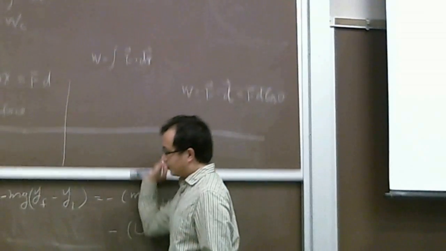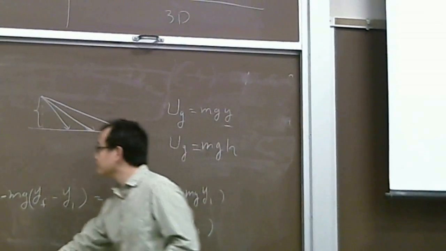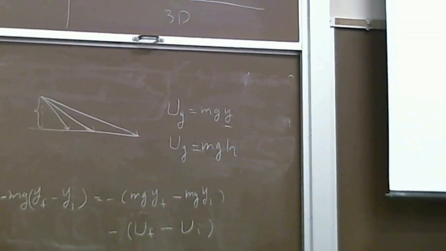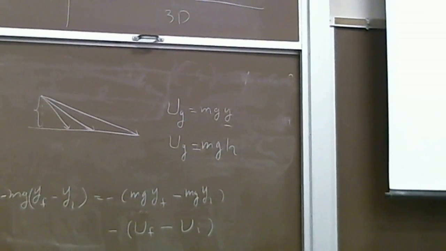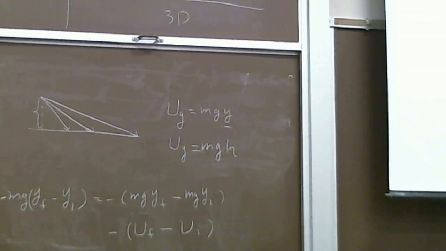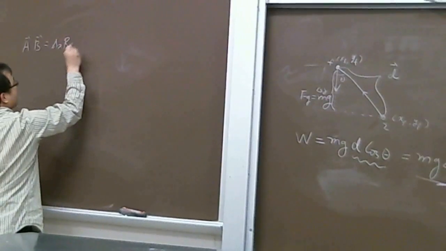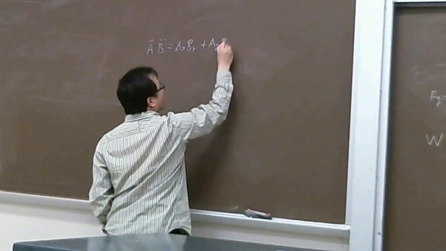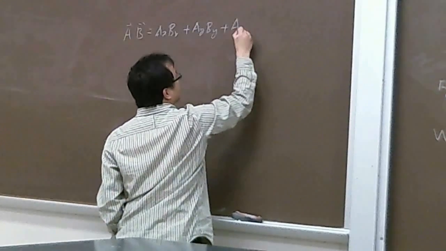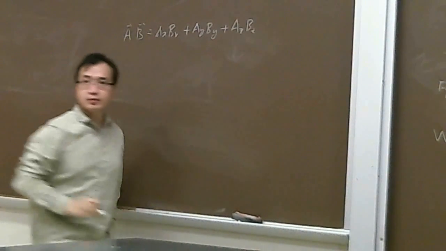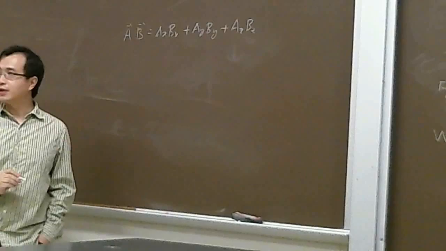We know that if we have A dot B, it can be written as AxBx plus AyBy plus AzBz, right? Okay, this is inner product.